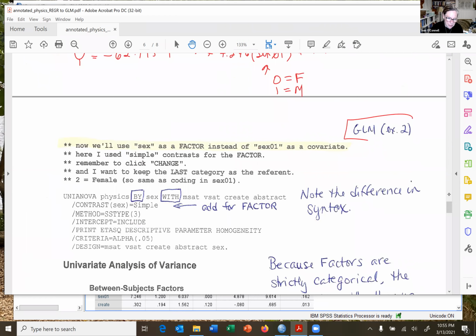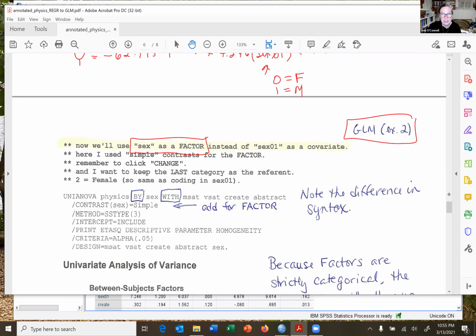Now our next example is going to use sex in a different way. So here we're going to use sex as a factor instead of as a covariate. And I'm going to let the GLM procedure let me define how I want to code those groups.